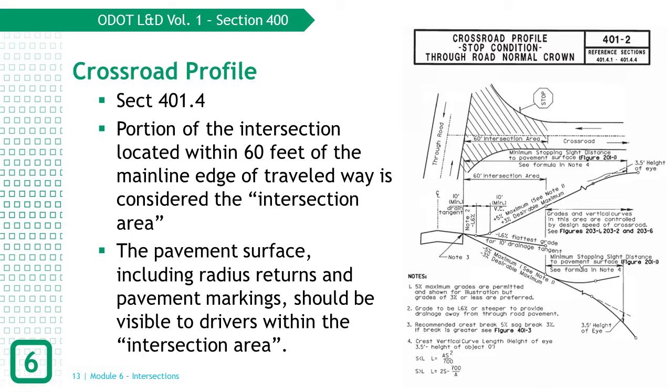As a result, the transition between the through road and the crossroad profile can be more abrupt using a short vertical curve and vertical grades that can be as great as 5% up or down. Once outside the intersection area, grades and vertical curves along the crossroad are controlled by the design speed of the crossroad, which a designer should refer to Section 203 for guidance on how to accommodate an acceptable design speed.